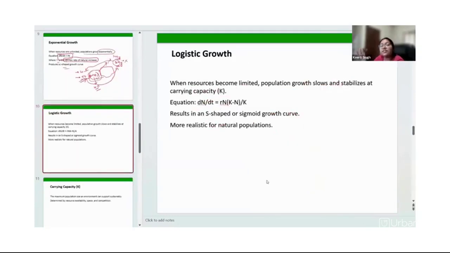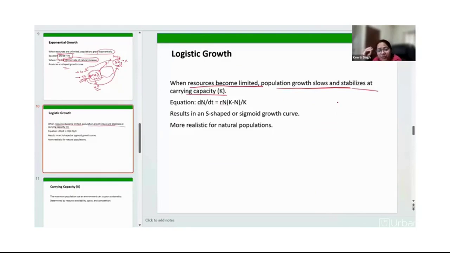And the other is what? When the resources are in a limited amount, population growth slows and stabilizes, right? This stabilization always takes place at the carrying capacity. This carrying capacity is the capacity beyond which there will be no growth.